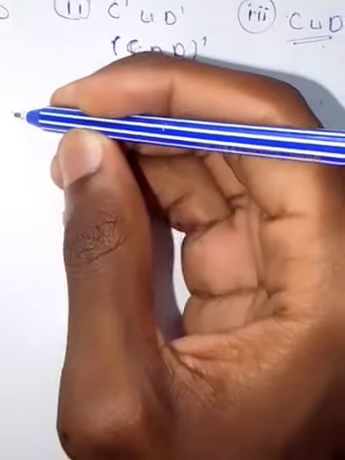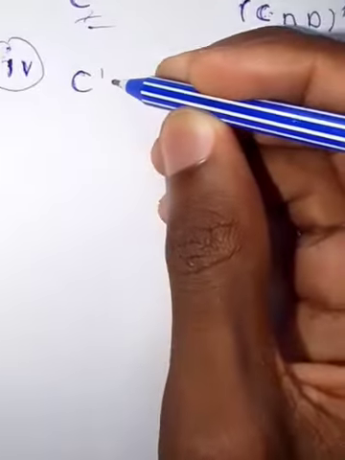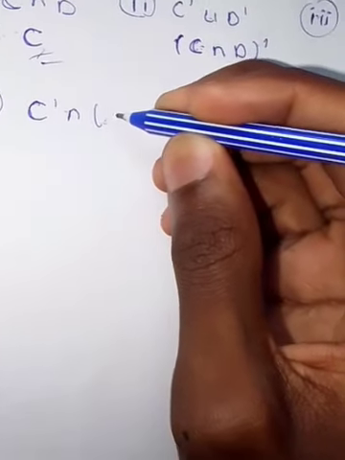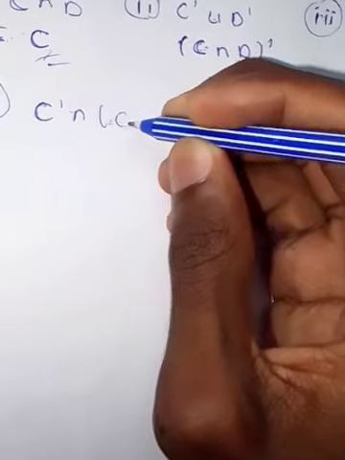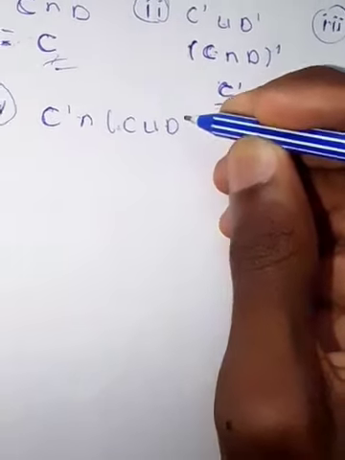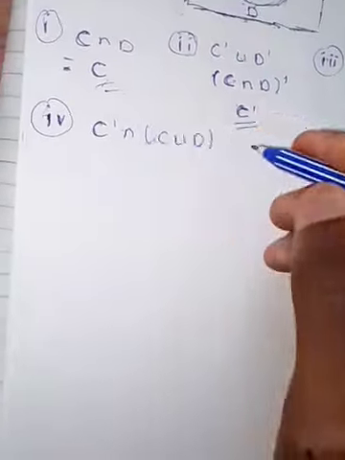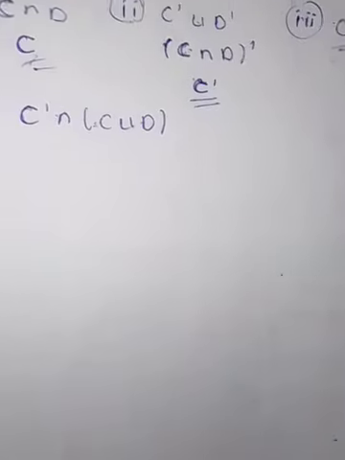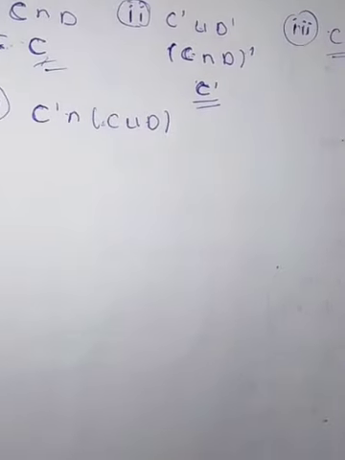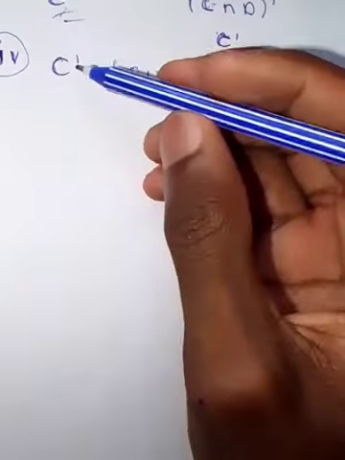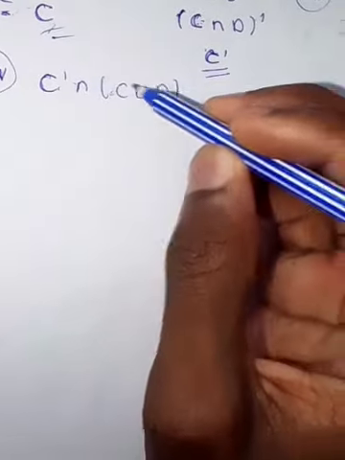Okay, so question 4 is like this. C complement intersection C union D. Now I hope you remember the concept of the distributive law. As you can see, we have three different things.